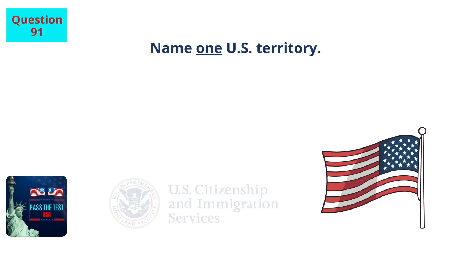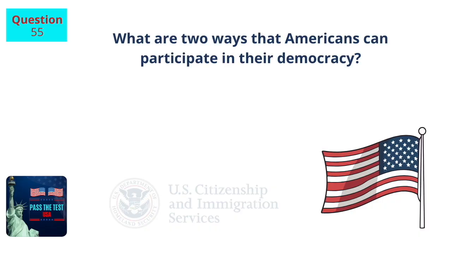Name one U.S. territory. Guam. What are two ways that Americans can participate in their democracy?